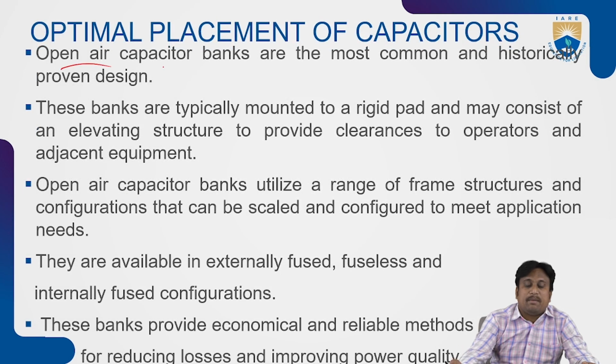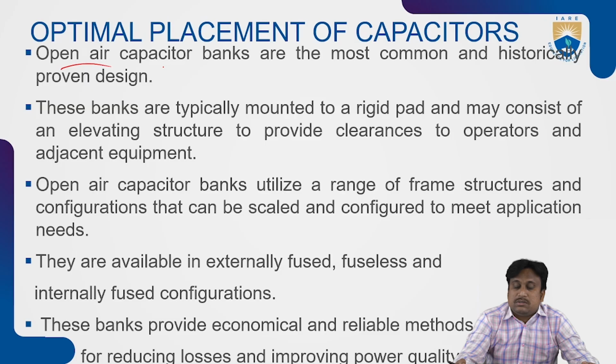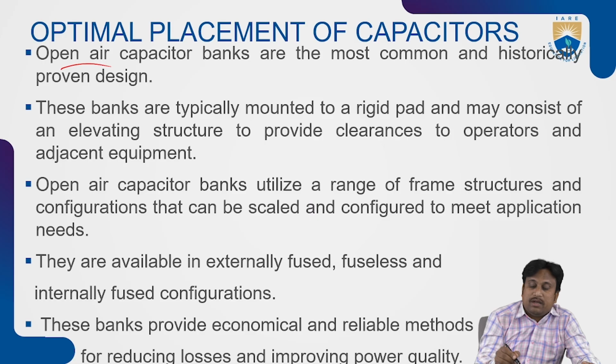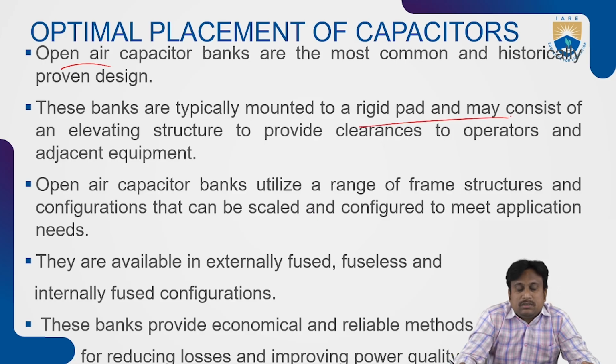Coming to open air capacitor banks, they are mostly treated and provided with suitable design. These banks are typically mounted on a rigid pad, and may contain an elevating structure. This is to provide clearance to operators and to adjust the suitable equipment.